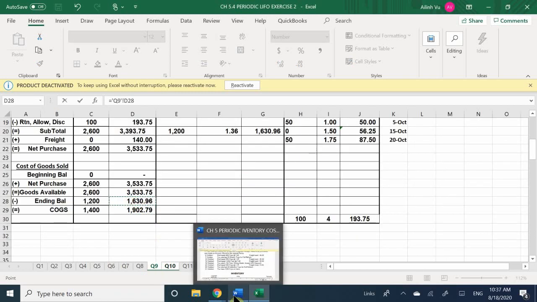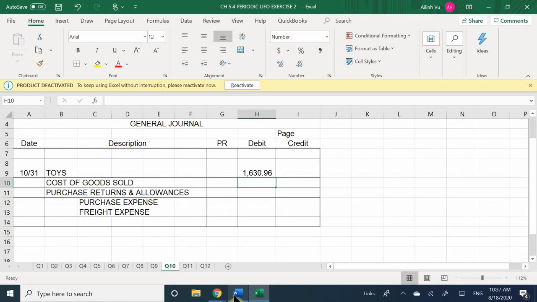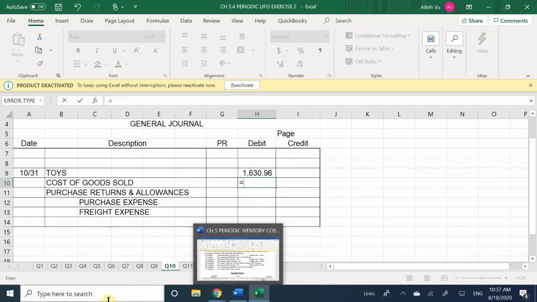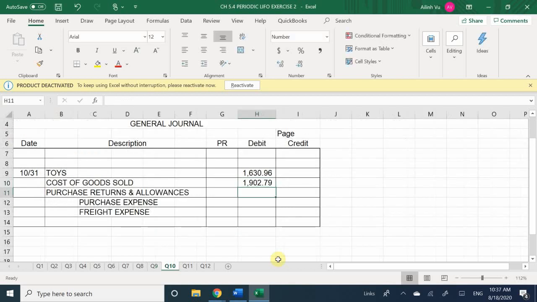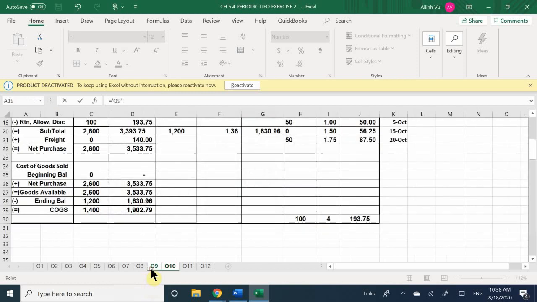There you go. 1630.96. And what is my cost of goods sold? 1902.79. What was my total returns and allowances? 193.75.